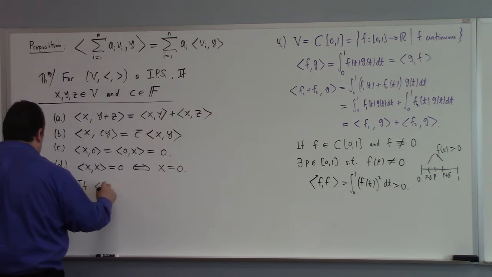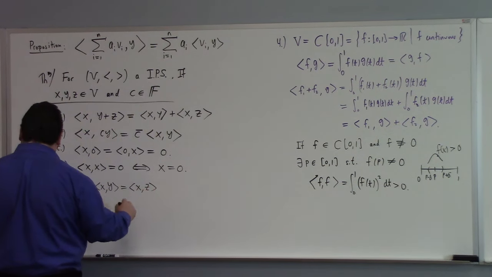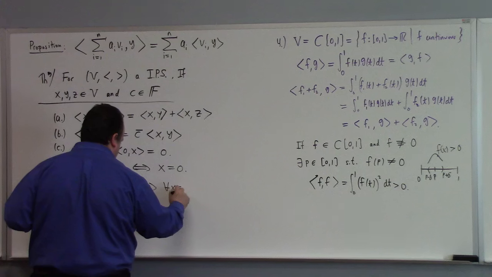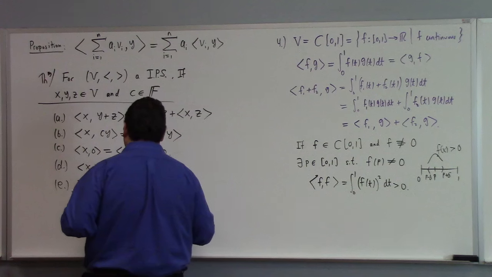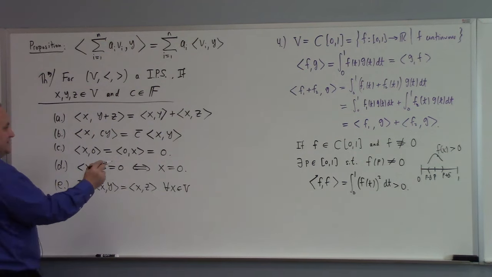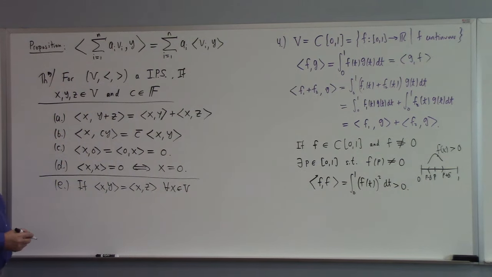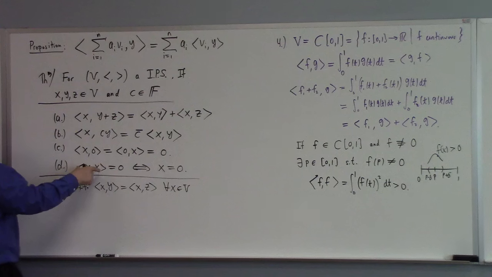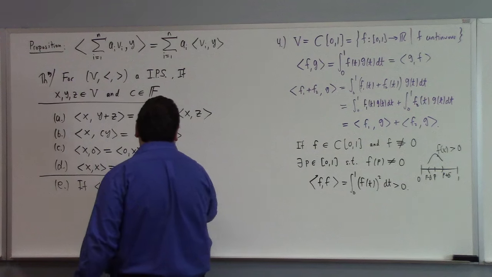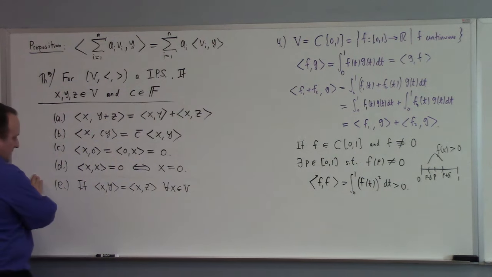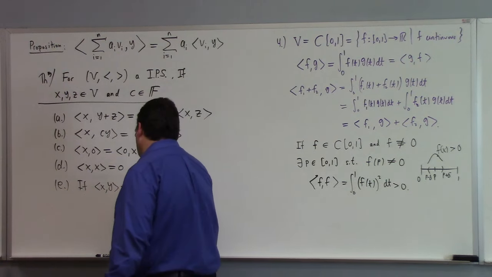If we have the inner product of x with y equal to the inner product of x with z for all x and v, I guess my quantifiers, this quantifier statement stops right here, right? Like this business applies right to here, and then this. If this is true for all x and v, then you can say y equals z.